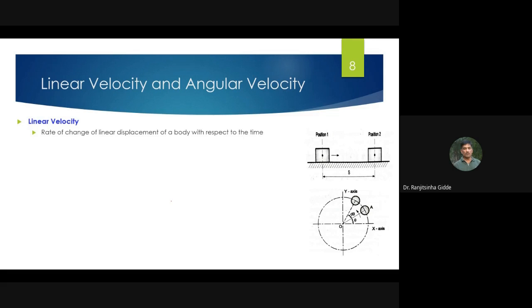Rate of change of linear displacement of a body with respect to the time.